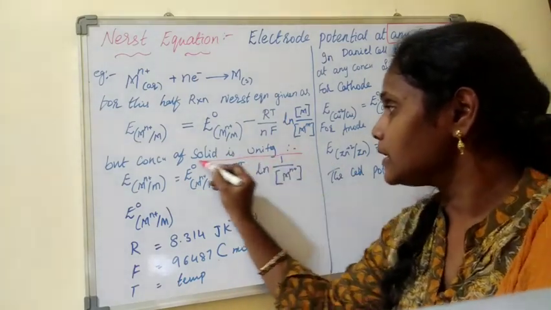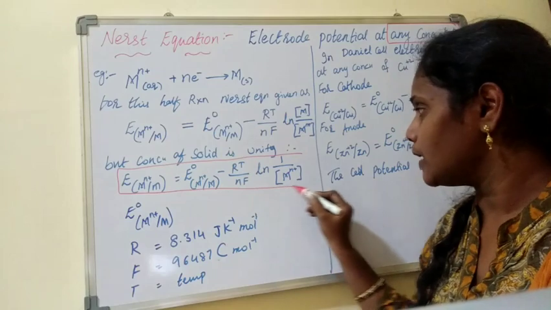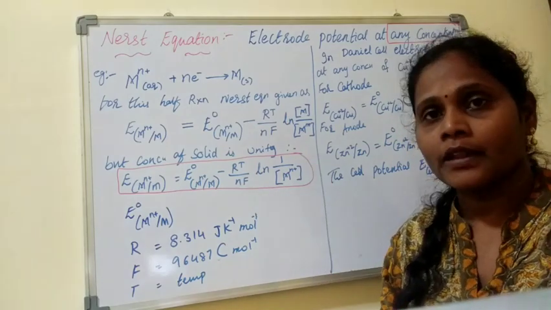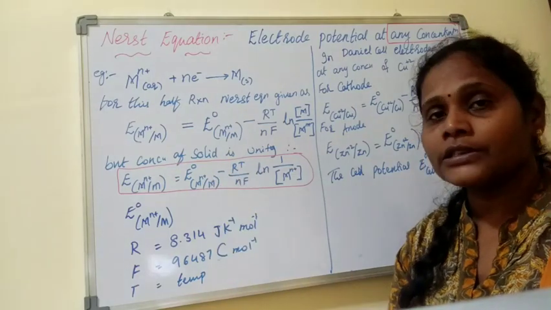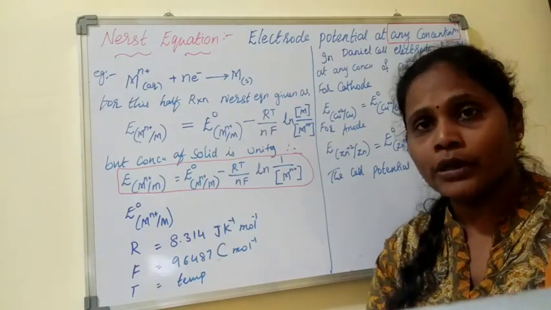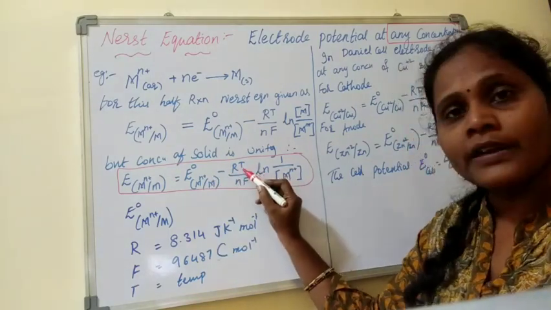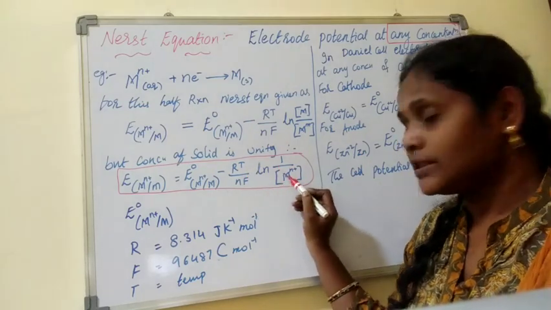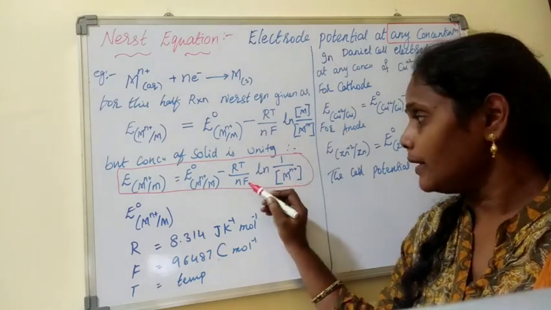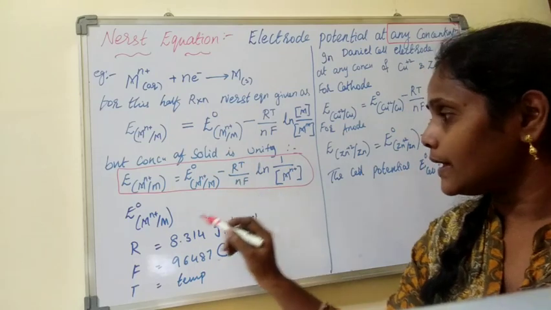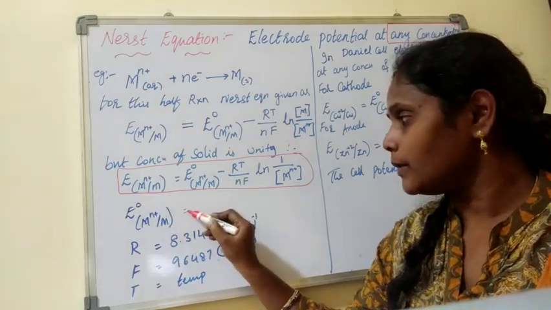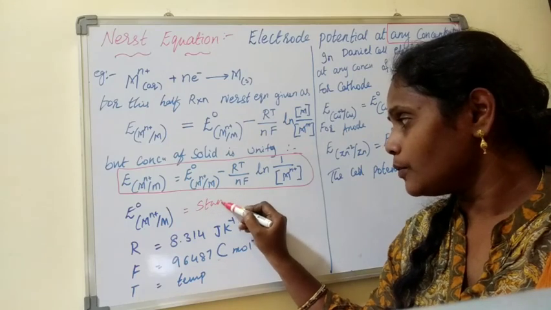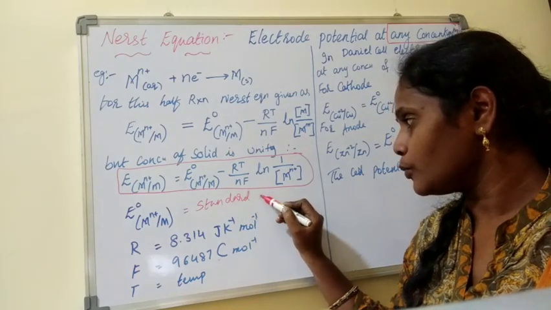This is for a single electrode or half cell. This is not the complete cell. We have considered only one half reaction. Therefore, this Nernst equation is for one half cell only. See here, T is given at different temperatures, concentrations at different concentrations, right? So what are all these letters defined? E naught M^n+/M is nothing but our standard reduction potential, or standard electrode potential.